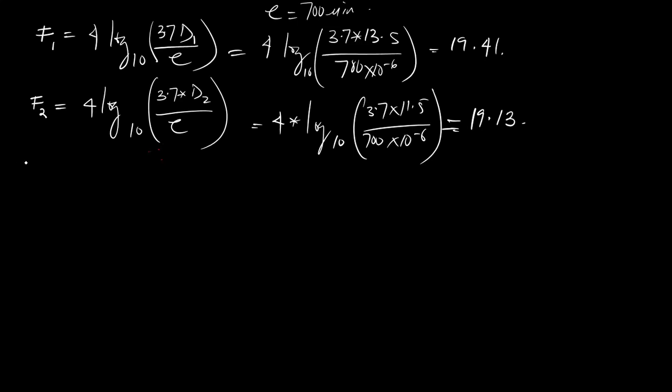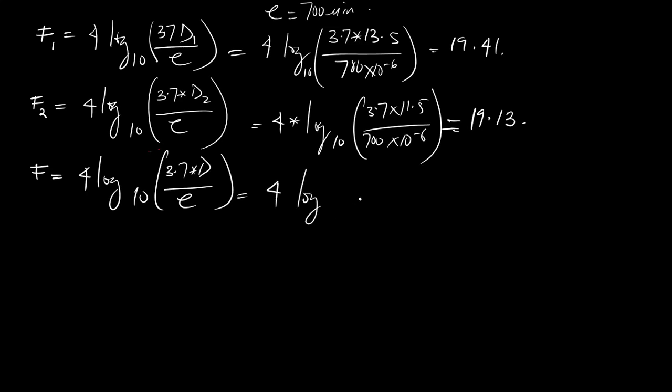Now F, which is the one on the main pipeline, is 4 log of 3.7 times D divided by E, base 10. So we'll say 4 log of 3.7 times 15.5 divided by 700 times 10 raised to minus 6, base 10.